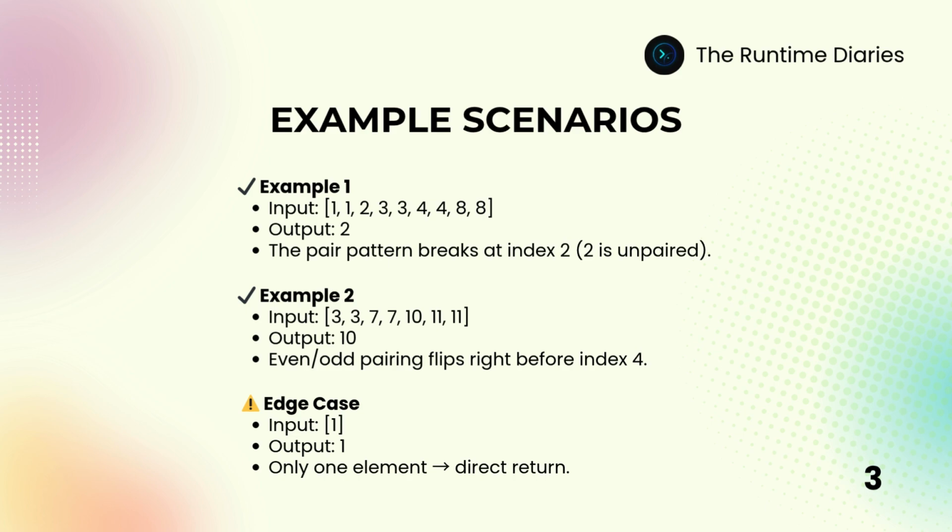From left to right, we have our array 3, 3, 7, 7, 10, 11, 11. The output is 10. The pairing flips just before index 4. And an edge case, just an array with 1. The output is 1. With only one element, it's already unique.